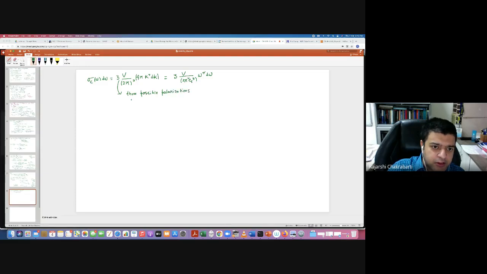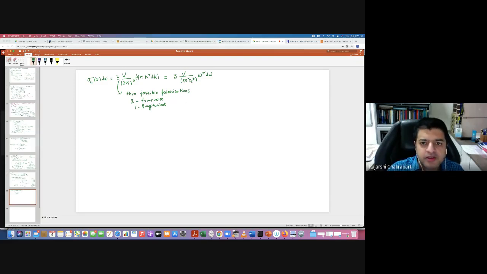You remember? 2 transverse, 1 longitudinal. Go back to class 12 sound waves. So for each wave vector, you have 3 polarizations. This is the expression for sigma.